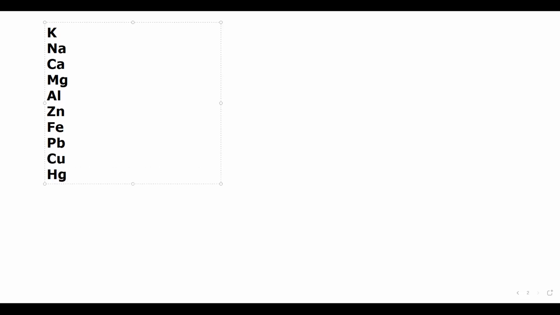But it is important that you should know the position of two elements. Number one, carbon. So carbon is there between aluminium and zinc. This is the position of carbon. So carbon is more reactive than any of the elements which are below this line.